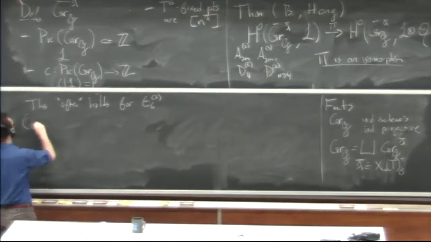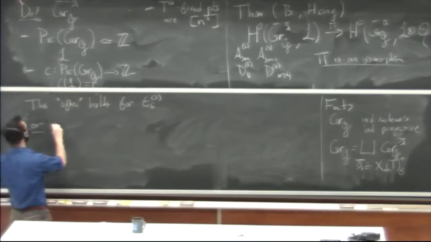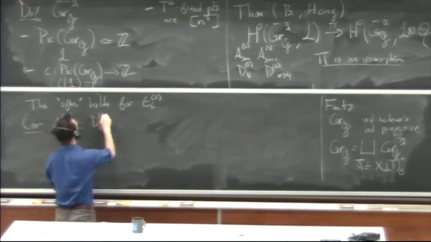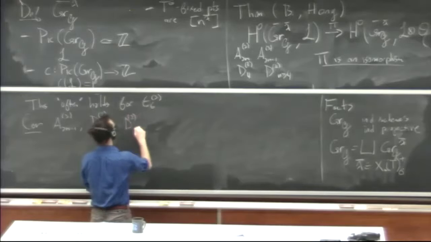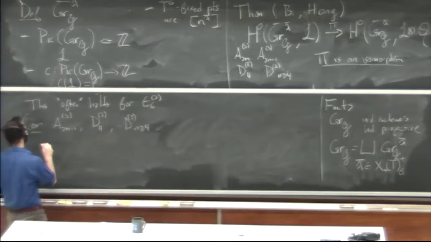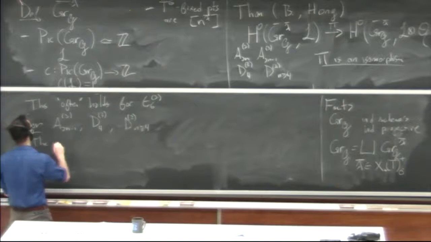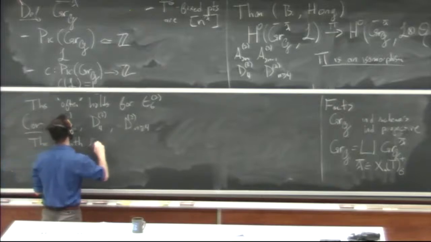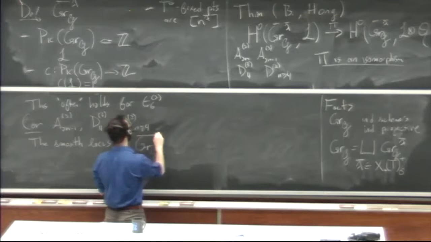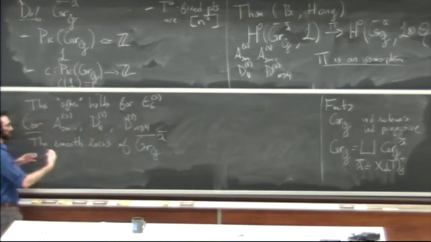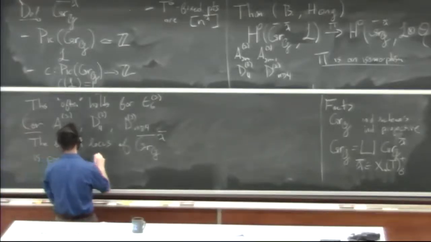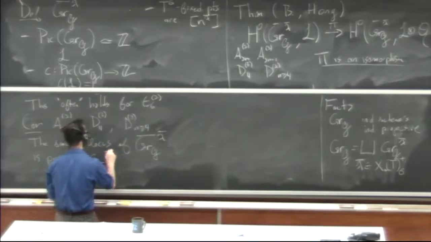So as a corollary, at least in types A_2n-1 twisted and D_4 twisted and D_n with n greater than or equal to 4 twisted, in these cases, we gain as a corollary that the smooth locus of the twisted affine Schubert variety is precisely the cell for lambda bar.